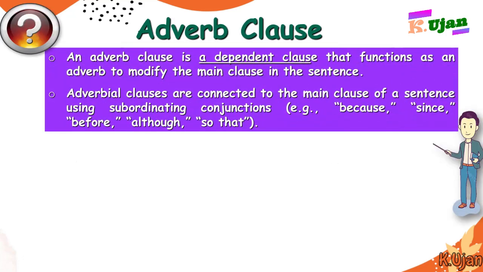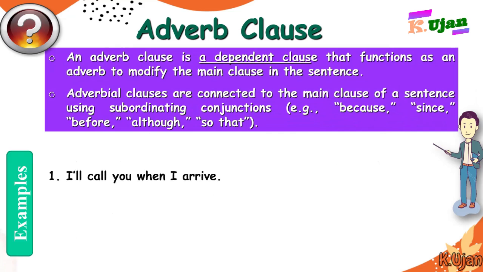Now let's talk about adverb clause. An adverb clause is a dependent clause that functions as an adverb to modify the main clause in the sentence. Adverbial clauses are connected to the main clause of a sentence using subordinating conjunctions like because, since, before, although, so, or that.